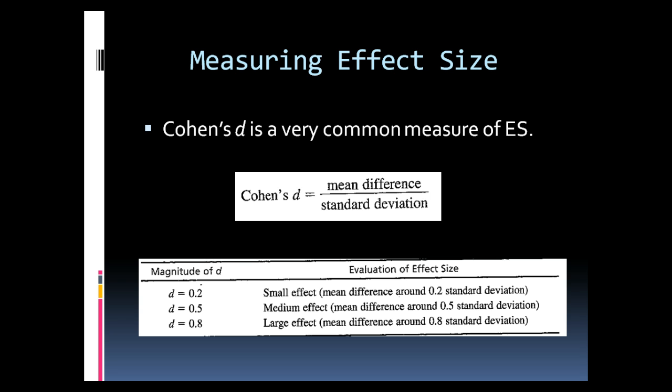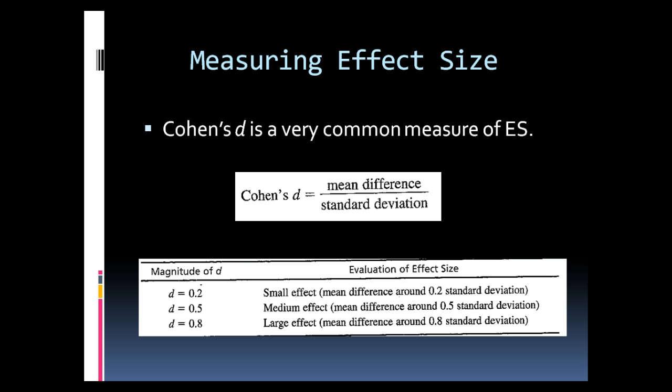And Cohen's d is very common. It's the mean difference over the standard deviation. So you take basically M minus mu over standard deviation, not standard error. That's the big difference. You get resulting values, and the magnitude of d will tell you how large of an effect it truly is. So if it's a d of 0.2, it's considered a small effect.